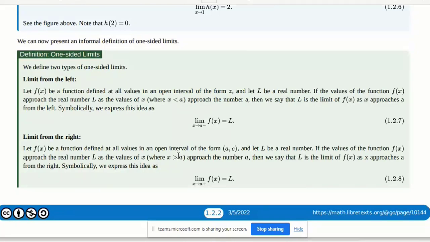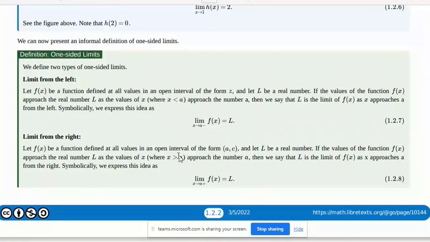The limit from the right: let f of x be a function defined at all values in an open interval of the form (a, c), and let L be a real number.